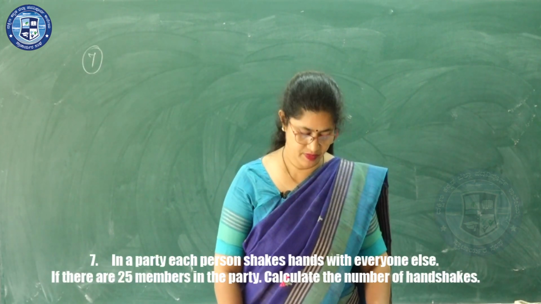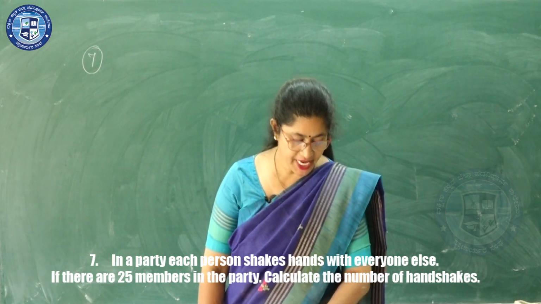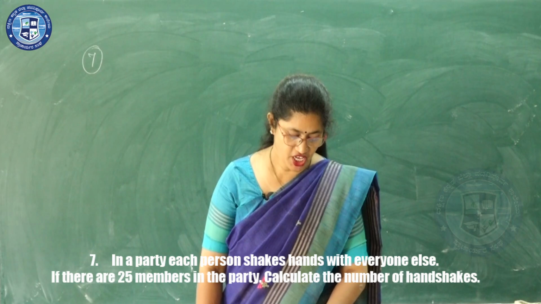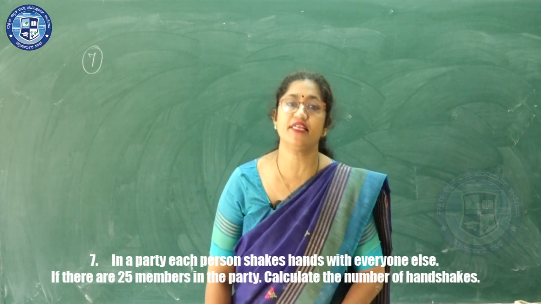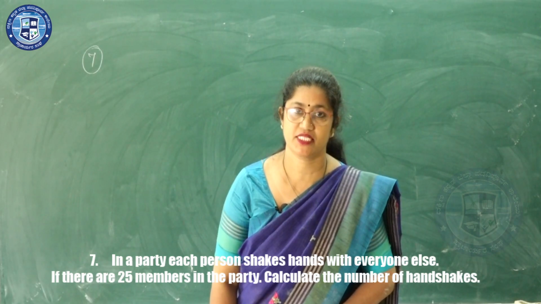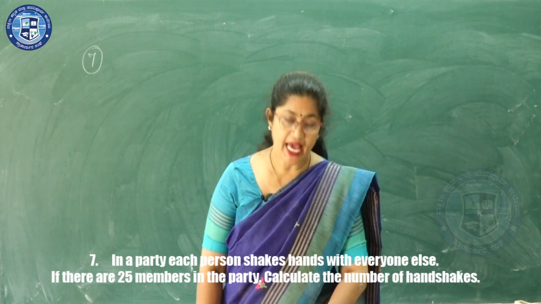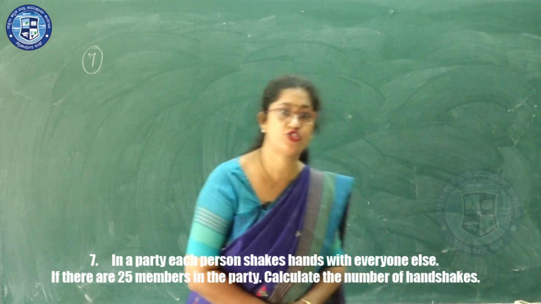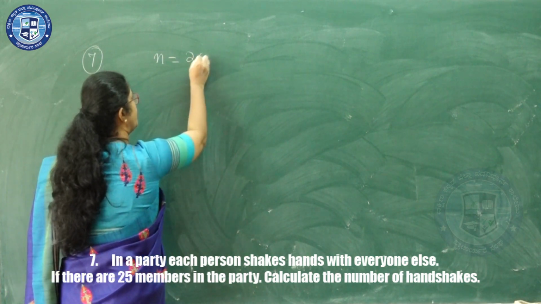Question 7. In a party, each person shakes hands with everyone else. If there are 25 members in the party, calculate the number of handshakes. Number of handshakes formula we have already discussed, and that is nC2. Number of people n is equal to 25.